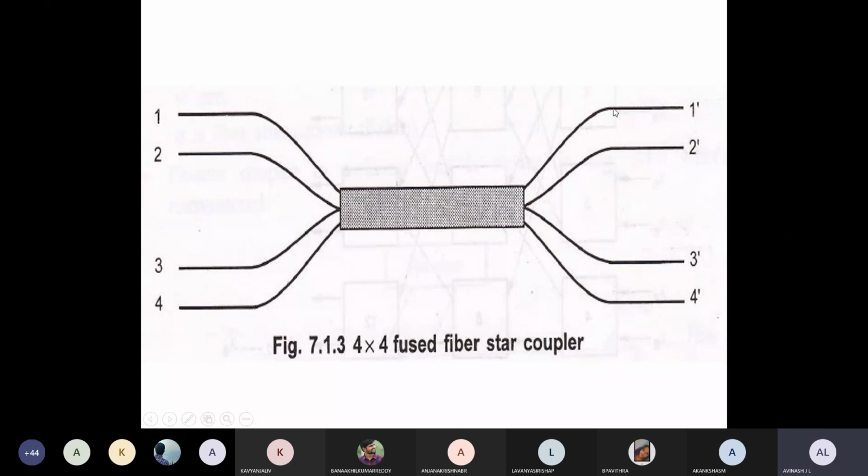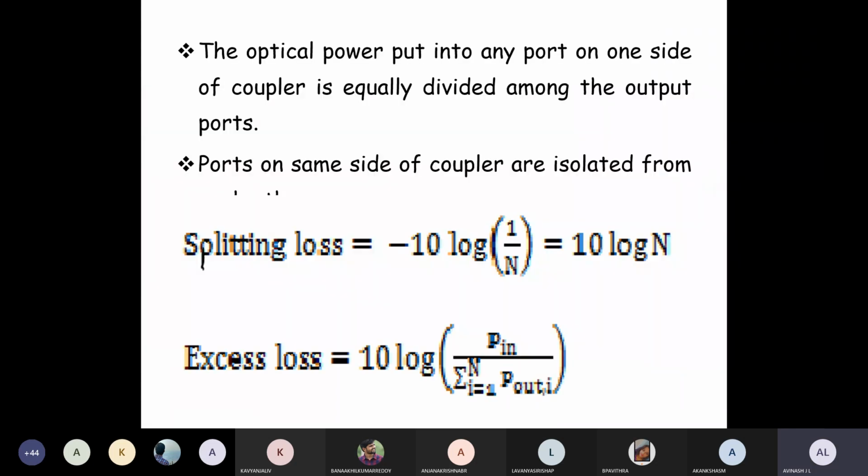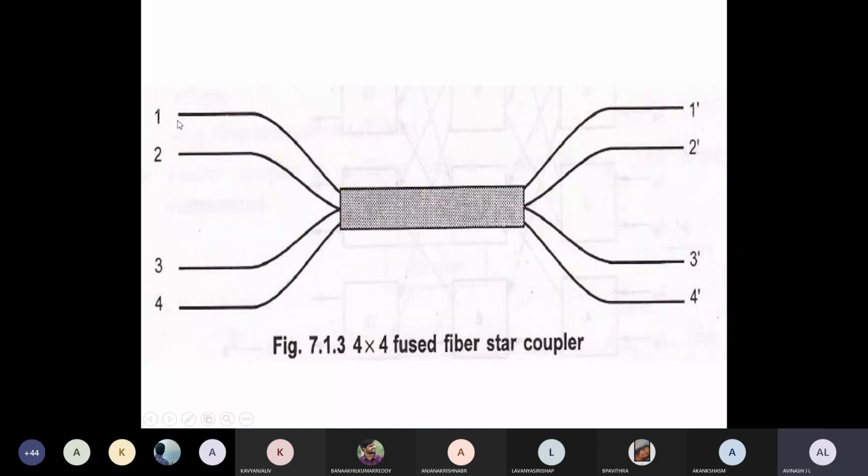So once you take this particular diagram, we'll go for the next one, that is understanding. Optical power put into any port on one side of the coupler is equally divided among the output ports. Suppose we put the power to port 1 on the input side.